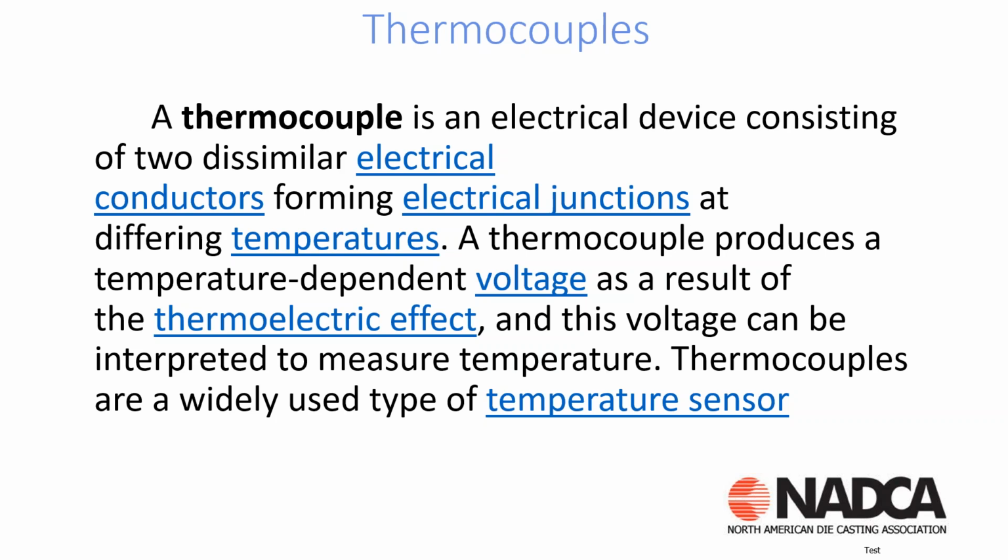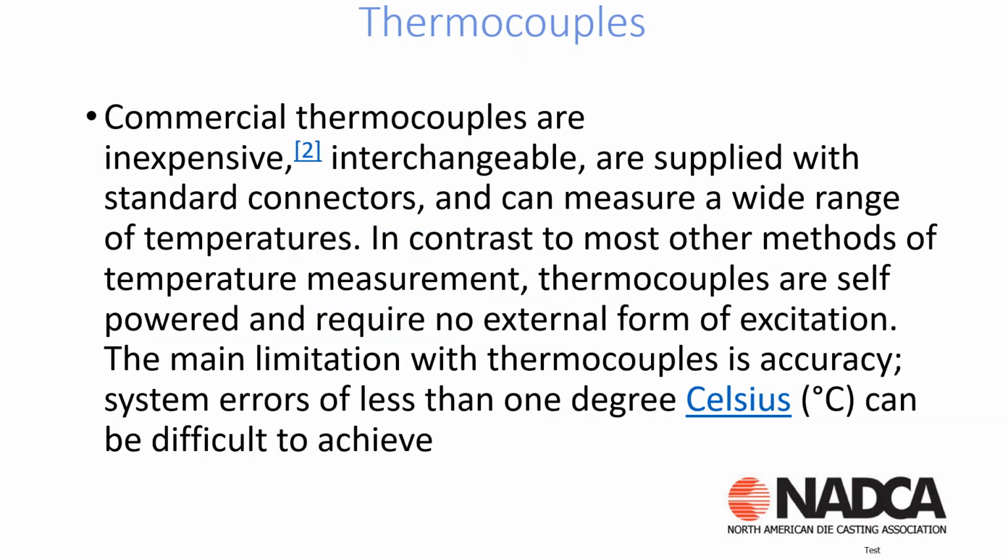So we as a die-cast organization and an industry are using these thermocouples for temperature sensors in all of our furnaces. As a commercial component, these are inexpensive, they're interchangeable, they have a wide range of temperature measurements that we can do, and frankly, they're used in all of our processes, in our main furnaces, and our holding furnaces, and our launder systems.